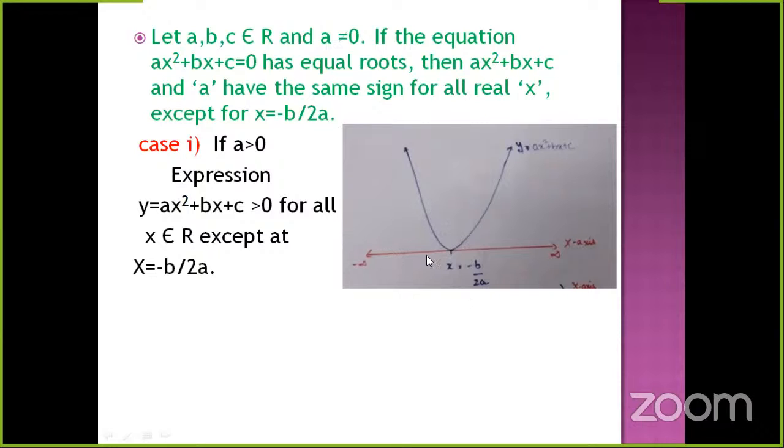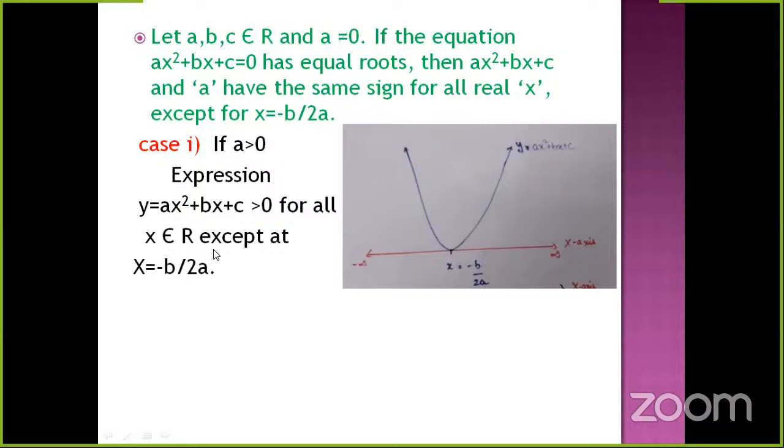At every x belongs to R, the value of y is positive. But at this point, x equal to minus b by 2a, the value of y will be 0, since the point is on the x-axis. So except at this point, the sign of the quadratic expression is positive. So the expression has the same sign as the coefficient of x square, except at x equal to minus b by 2a.